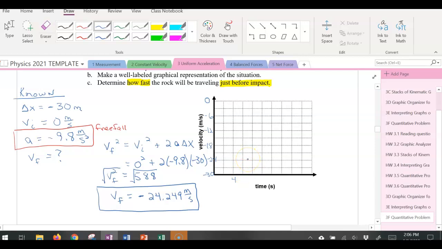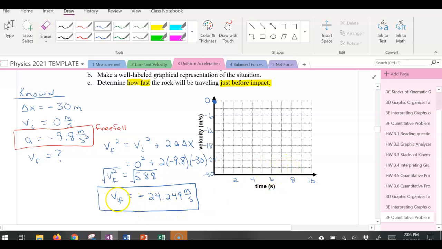I know it begins at a velocity of 0, and it falls -30 meters, so we'll end up down here, but I don't know how much time that takes.